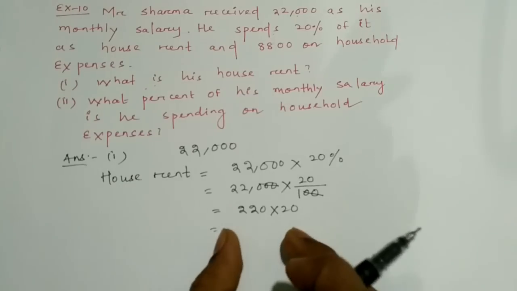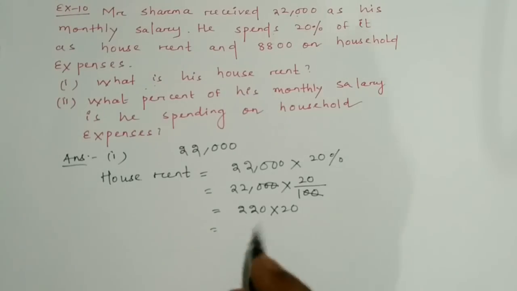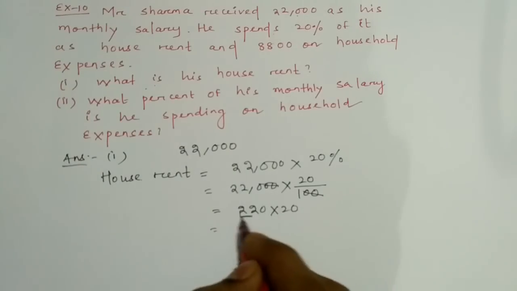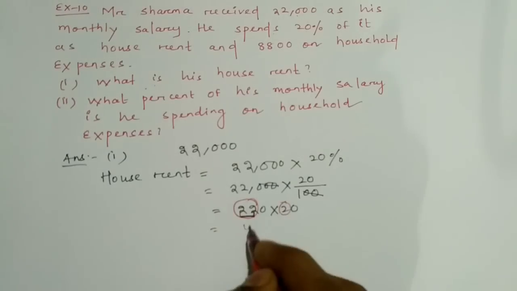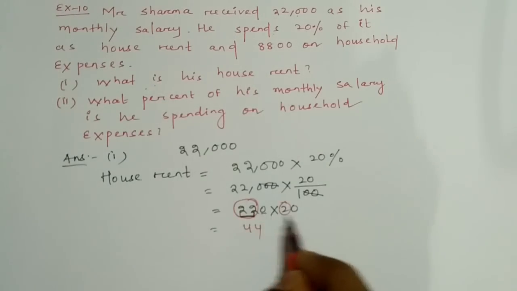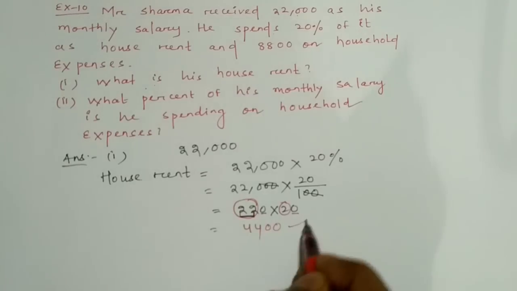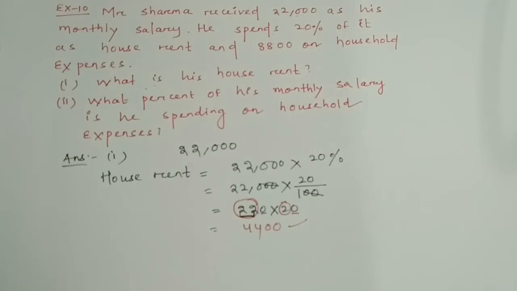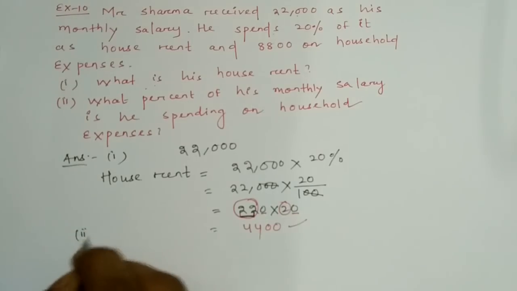We don't need to multiply this fully, simply understand 22 into 2, that is 44, and put 2 zeros here. So it will be 4400. That is, 4,400 is the house rent. And next question.